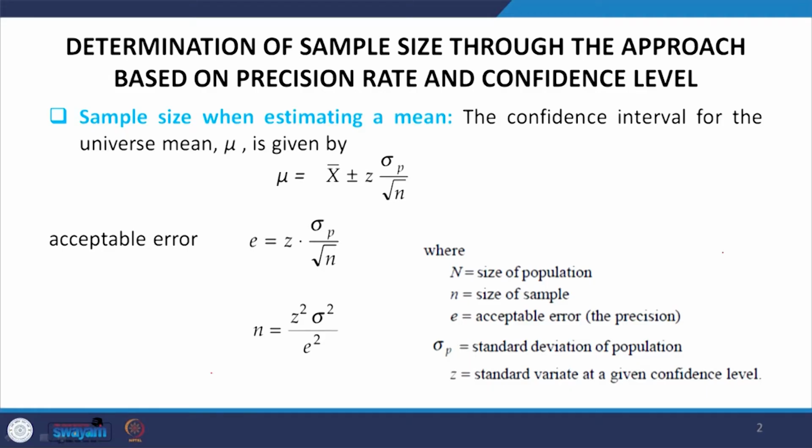We require the precision rate, the confidence level, the variance of the population, and the population size. Four to five pieces of information are always required in order to derive the sample size. But there are some other techniques proposed by Yamane and by the Cochran approach.